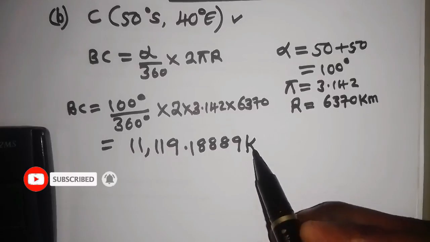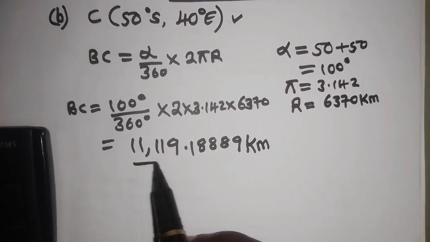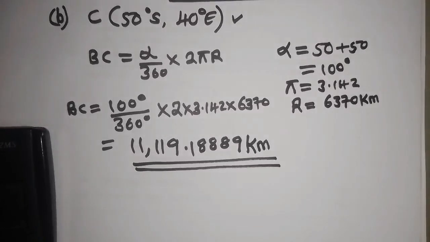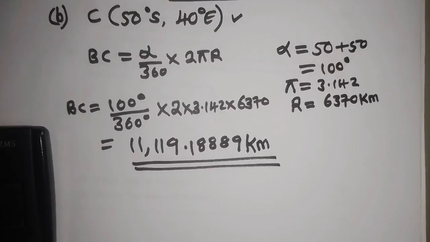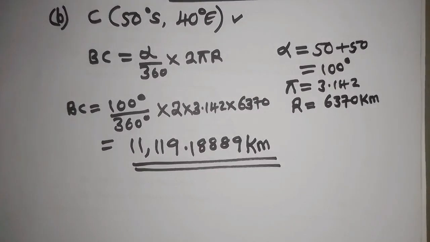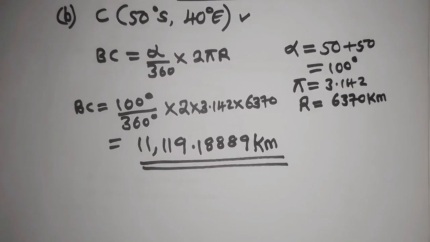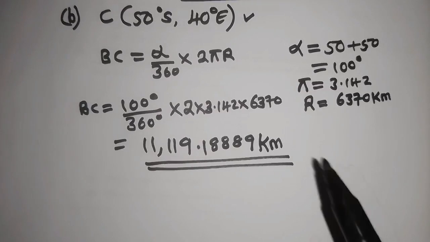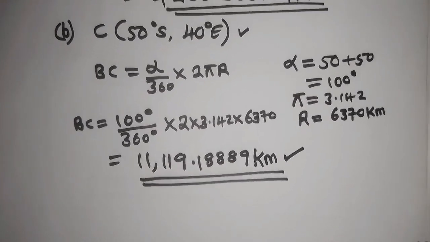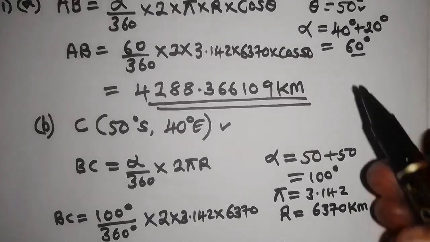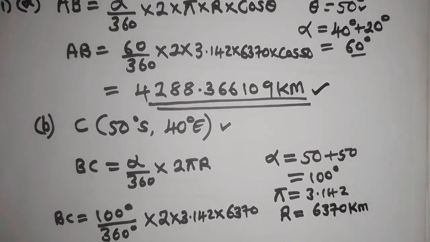Then our units are kilometers, don't forget that. I'm just ignoring the fact that we have to do some rounding off. I don't want to confuse you, but that video for rounding off is coming soon. So that's how you can answer this question on earth geometry that came last year for internal grade 12.